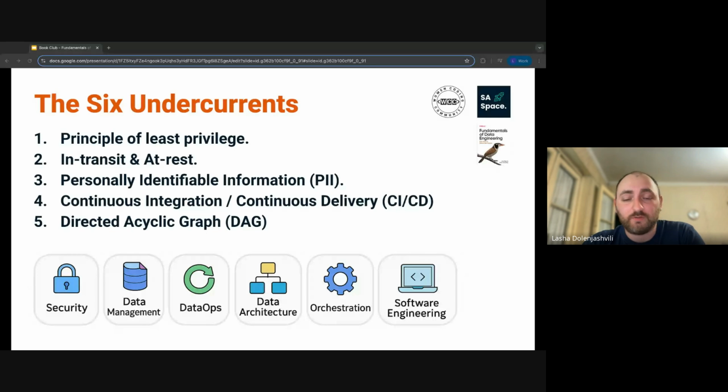So then we have data ops. Data ops is all about automation, monitoring, CI/CD pipelines. So, for example, we use version control for our code. We have automated tests, and we have different monitoring and incident response procedures.